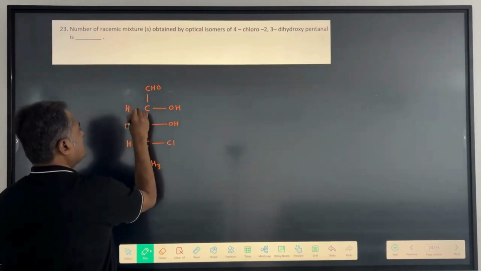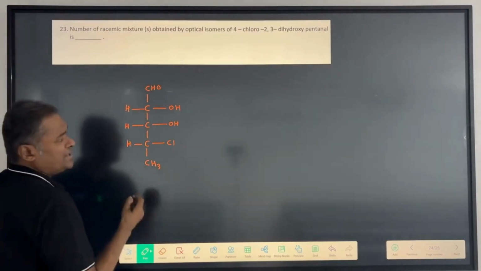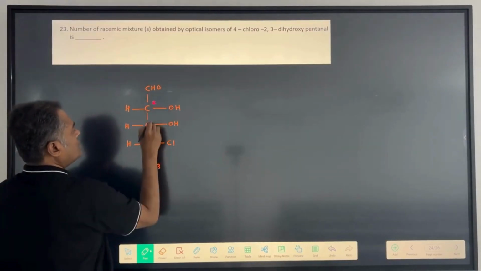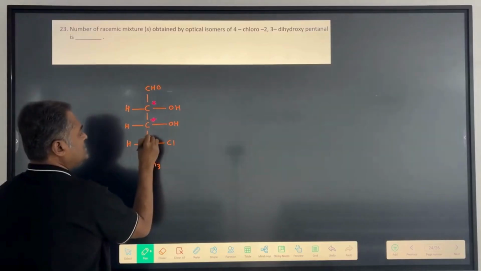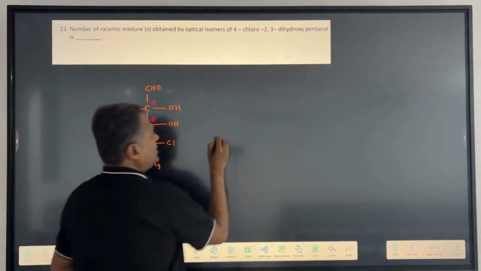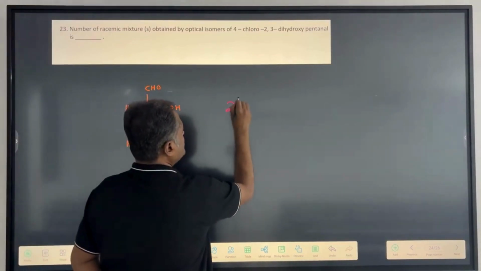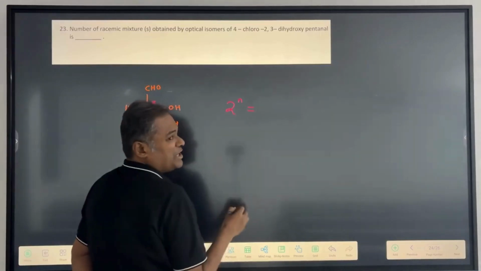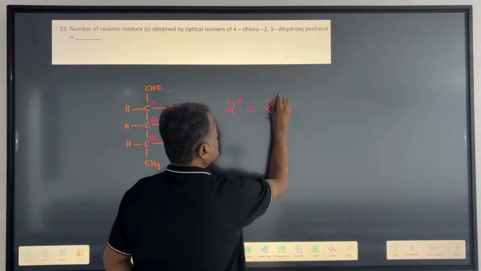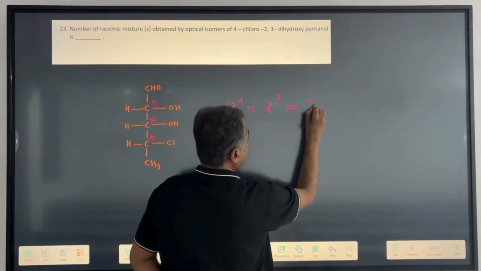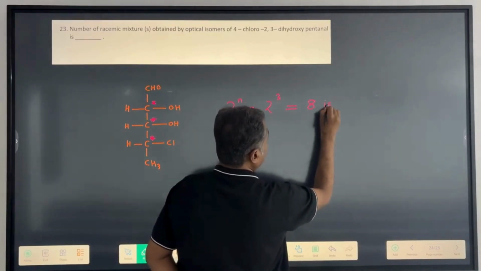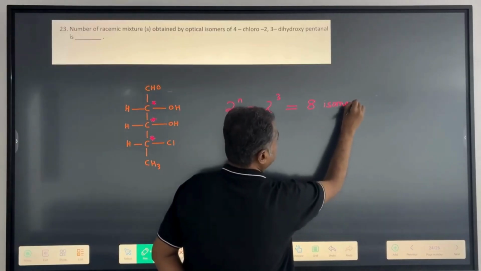Now if you check this molecule, child, how many chiral centers are there? There are 3 chiral centers you can see. So as per the number of stereoisomers, 2 raised to n, where n is the number of chiral centers, the answer is 2 raised to 3, which is 8. So the total number of isomers is 8.